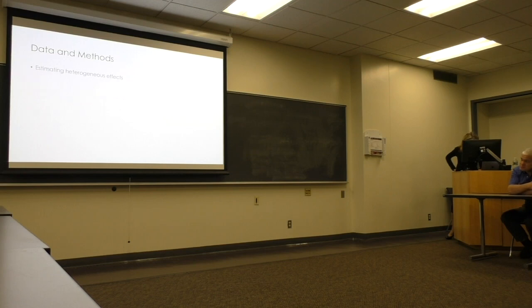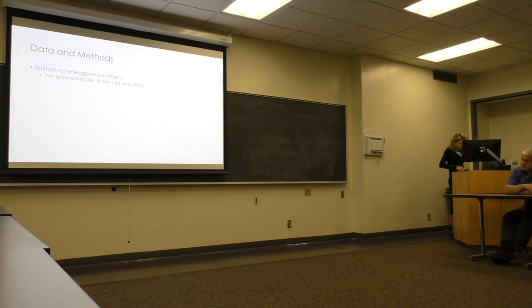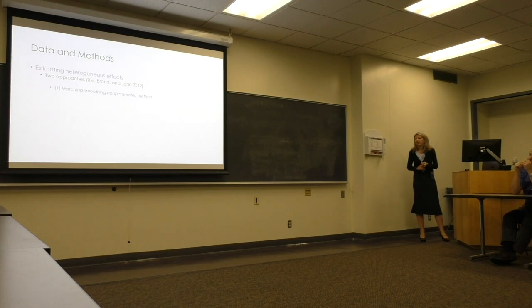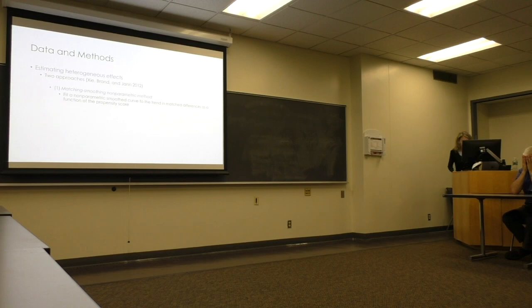The heterogeneous effects: we assess whether the effects of divorce vary with the propensity for parental divorce. We're going to adopt two approaches for estimating those under this ignorability assumption. The first is what we're calling the matching smoothing non-parametric method, and it consists of the following steps. We estimate the propensity for parental divorce for all the units, then we match the treated, the children of divorced parents, to the untreated with a matching algorithm.